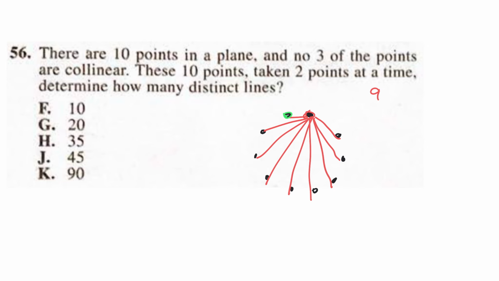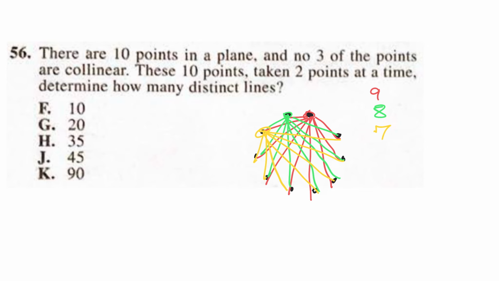So we have 1, 2, 3, 4, 5, 6, 7, 8 lines that involve this. And we'll just do one more because you're going to notice the pattern. We've already drawn the lines from red to green to this. So we have 1, 2, 3, 4, 5, 6, 7 unique lines to this.